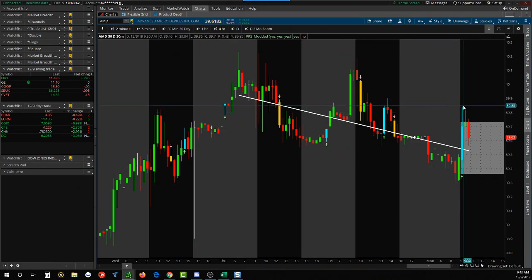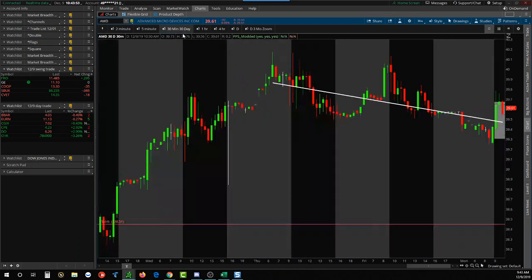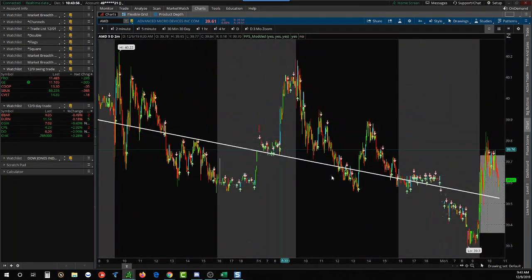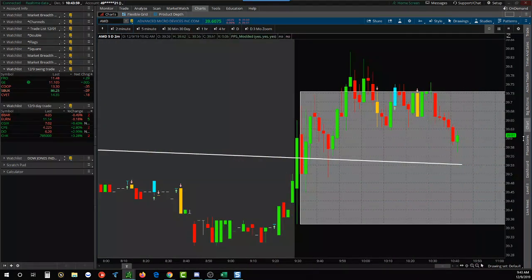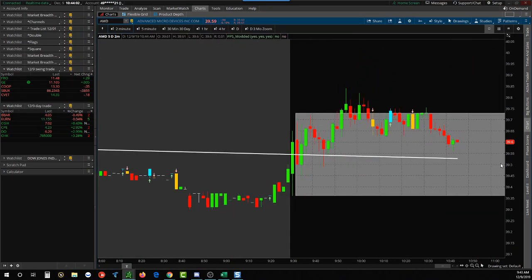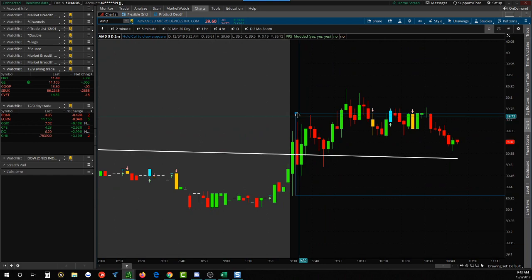It set a high, pulled back, made another run, couldn't even sustain that previous high, pulled back, failed again, and now it's on its way down. Third time's the charm. We also had the open range. 10 a.m. So that was the open range high. Range bound market right there.